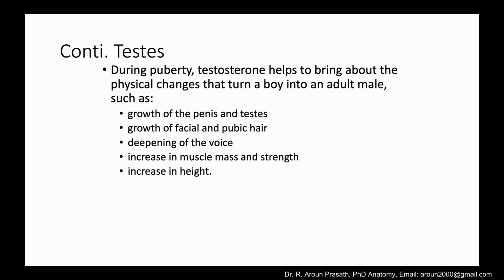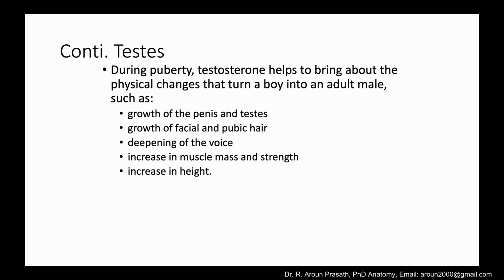So during puberty, testosterone helps to bring about the physical changes that turn a boy into an adult male. For example, increase in bone density, growth of facial hair, axillary and pubic hair, change of voice. All these growth changes are done by the testosterone hormone.